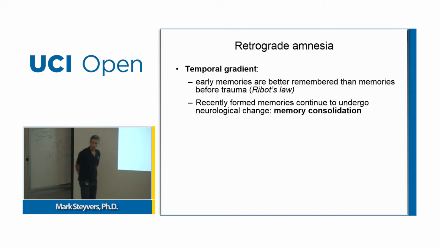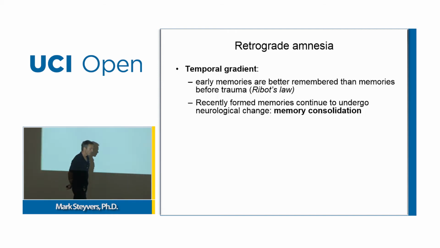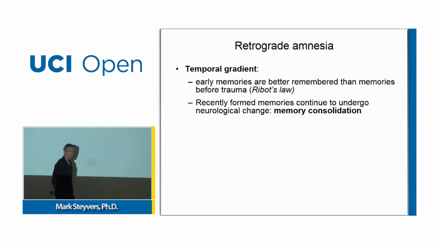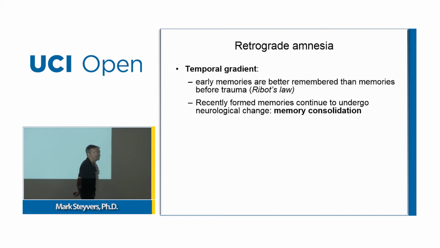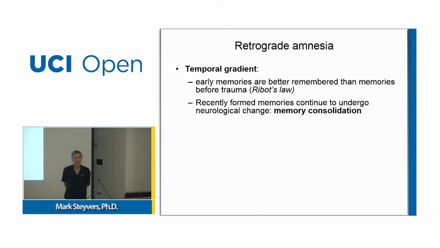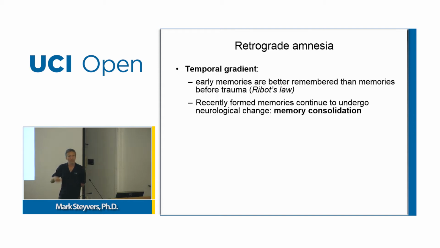Yeah, so let's talk about retrograde amnesia. This is where you have trouble remembering events before some trauma. And the remarkable finding is that you reverse the typical forgetting curve.